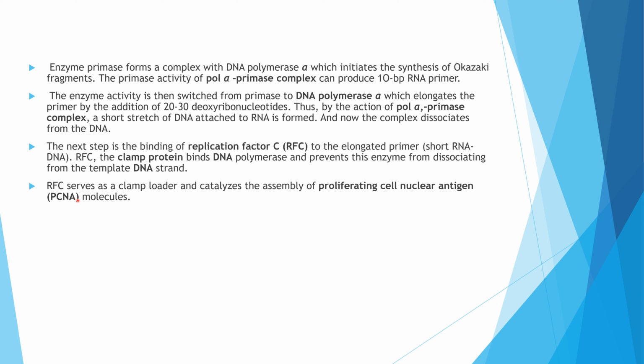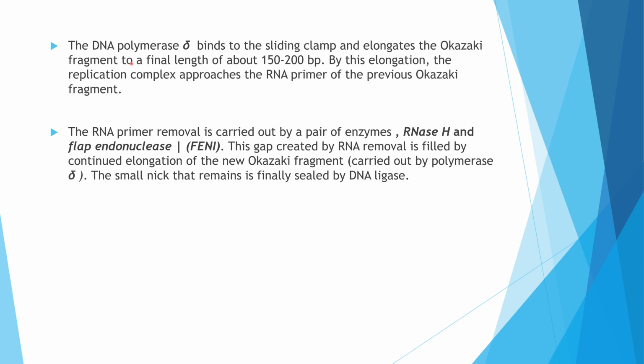Replication factor C serves as a clamp loader and catalyzes the assembly of proliferating cell nuclear antigen molecules. DNA polymerase delta binds to the sliding clamp and elongates the Okazaki fragments to a final length of about 150 to 200 base pairs. By this elongation, the replication complex approaches the RNA primer of the previous Okazaki fragment.